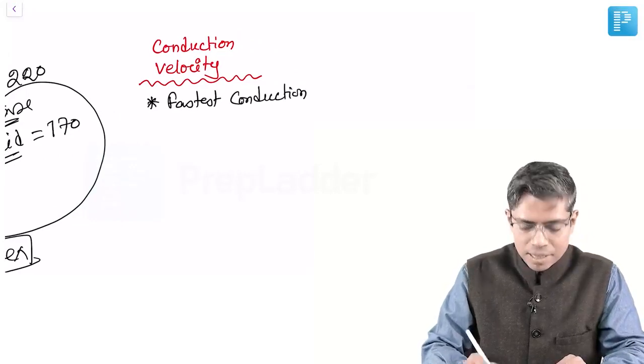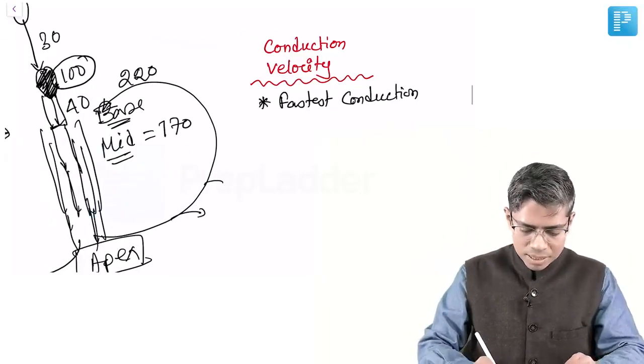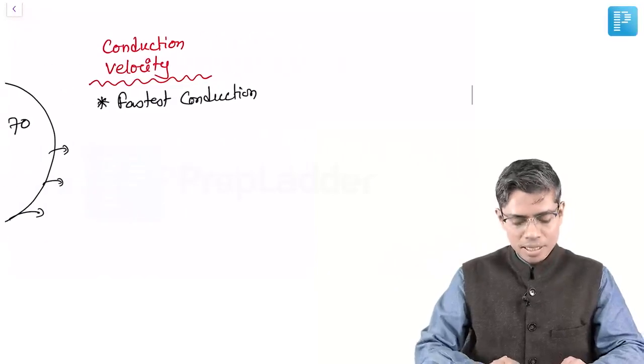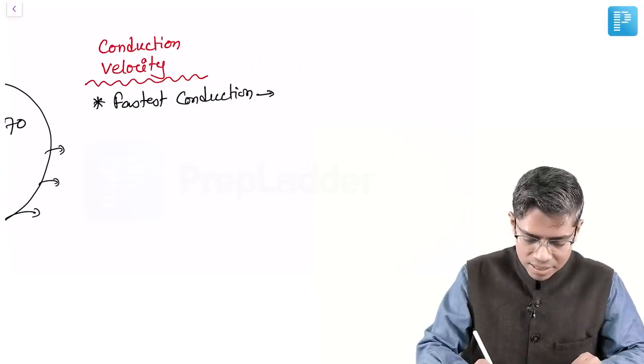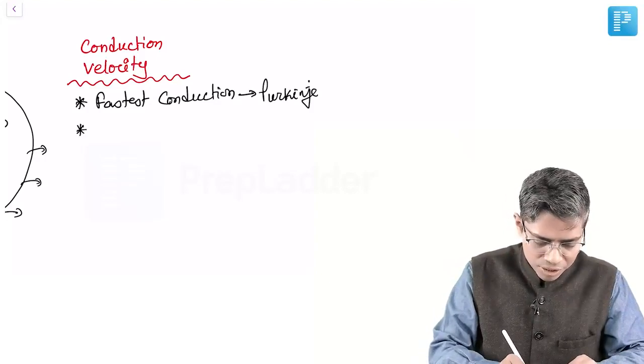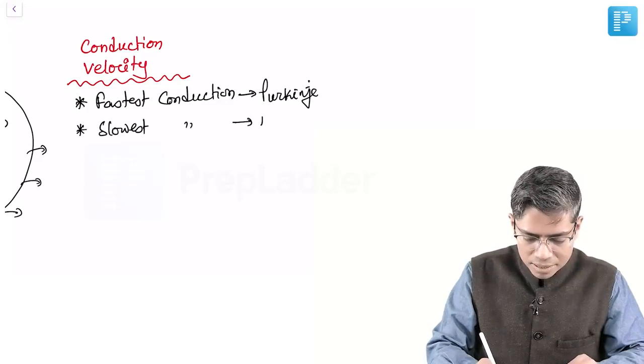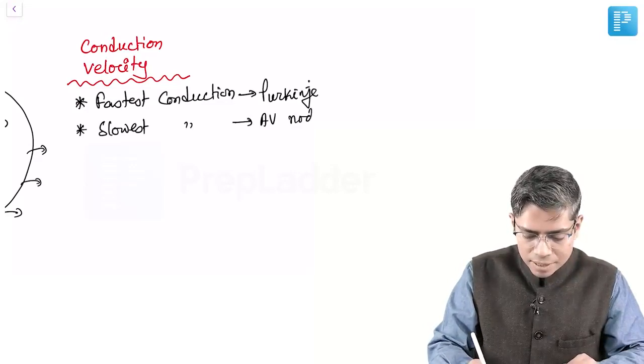Obviously we'll say that when it is going from apex to base, we have seen that the impulse is traveling through the Purkinje fiber. So the fastest conducting fiber in the heart is the Purkinje fiber, and the slowest conduction is occurring at the level of the AV node.